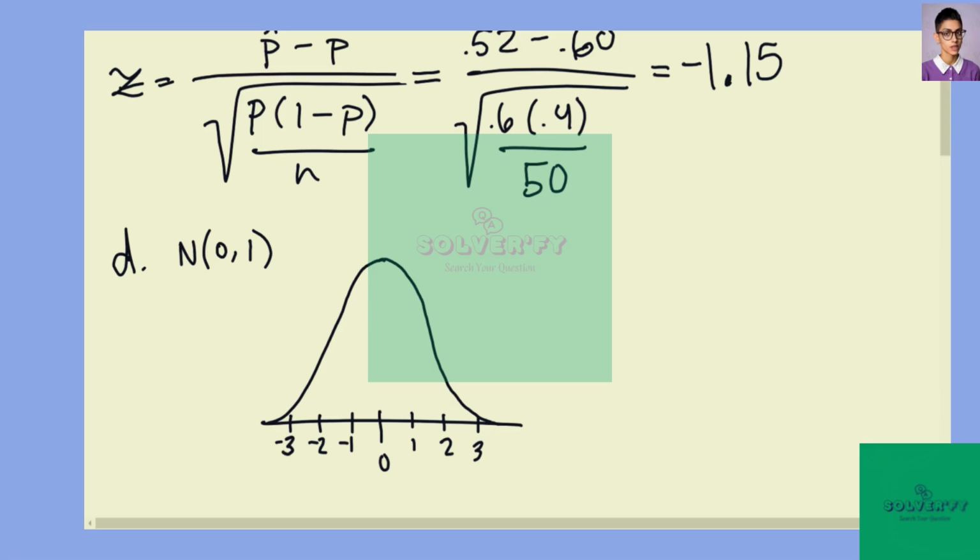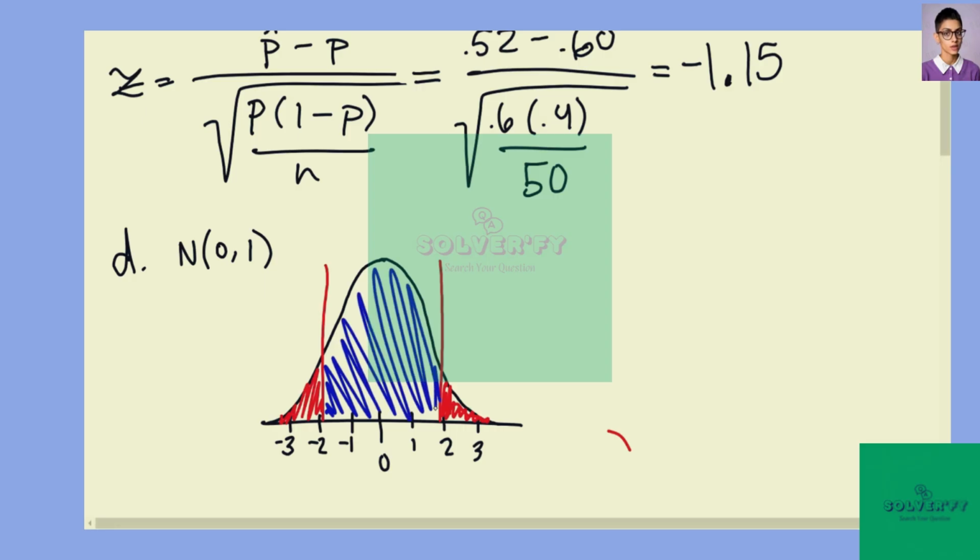We'll draw in our critical value, and I'll shade in our critical region with red and our non-critical region with blue. Now I'm going to write in our test value in green. So we have negative 1.15.